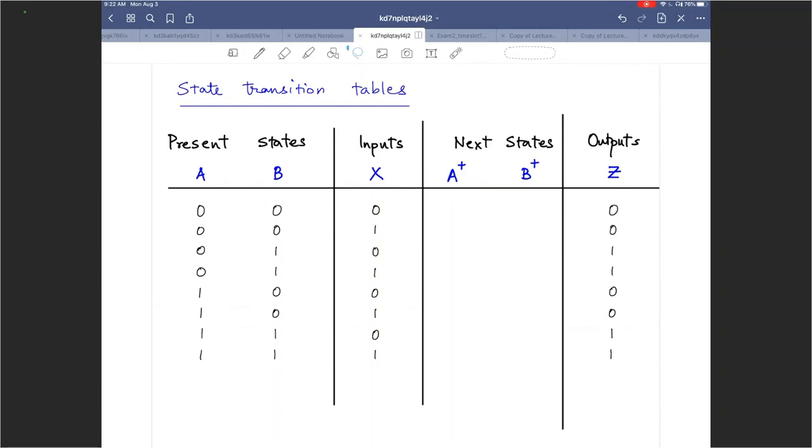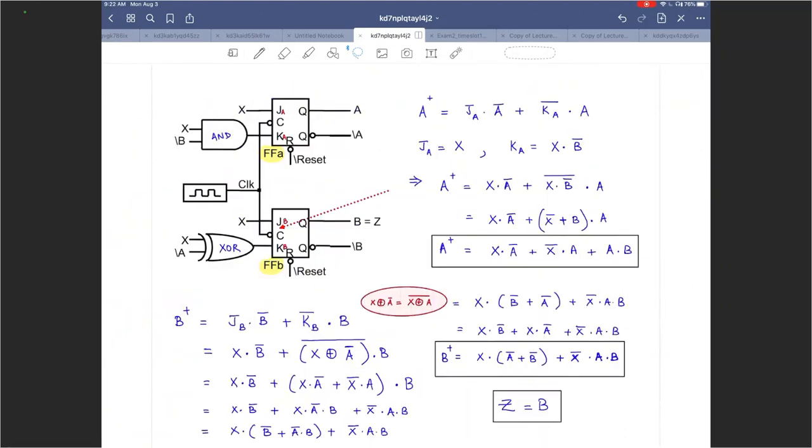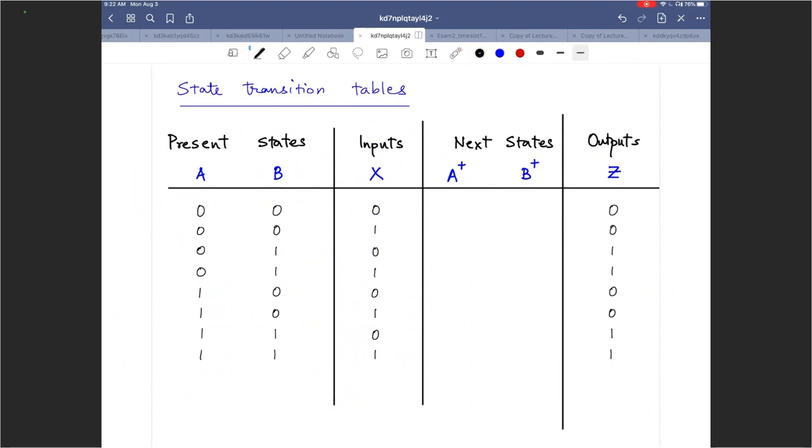Now, when your present states are 0 and 0, and your input is 0, where do you go? Well, let's try to put that over here. When A is 0, this term goes away, that term goes away, X is 0, that term goes away, so A plus is also 0. So you would fill in 0 here.